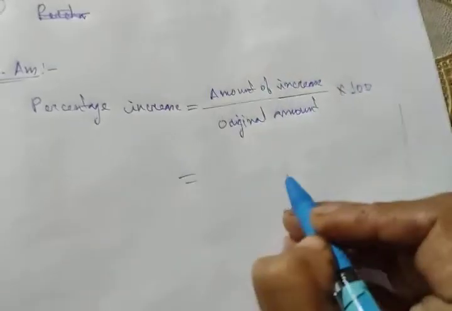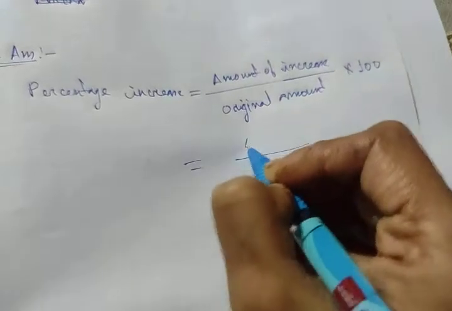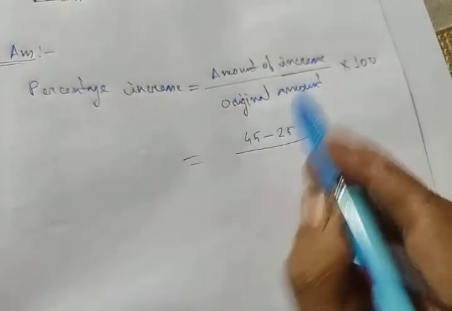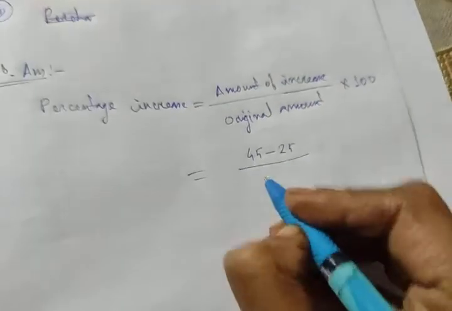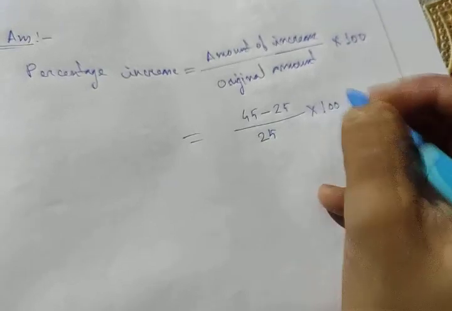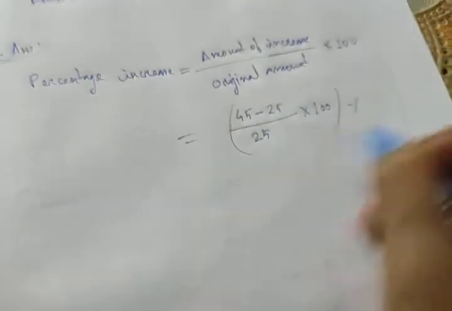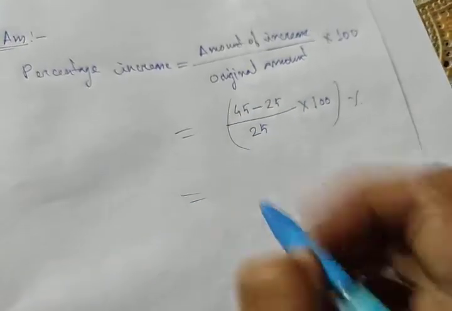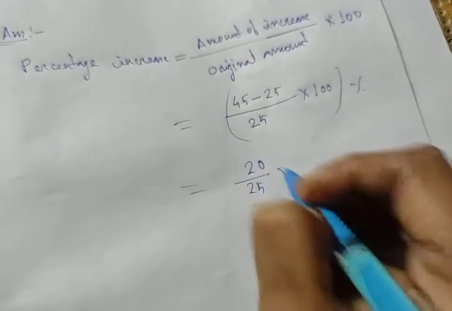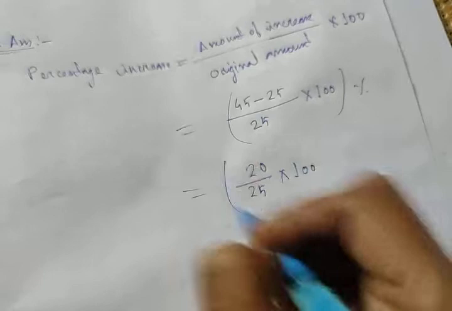Now here it is increased to 45 from 25. So amount of increase will be 45 minus 25. Original amount 25 into 100. Now 45 minus 25, 20 by 25 into 100.